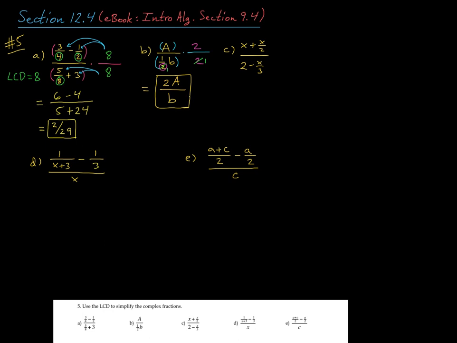All right. For part C, we have x plus x over 2 all divided by 2 minus x over 3. So now our denominators are 2 and 3, so our LCD would be 6. So I'm going to multiply the top and the bottom by 6.